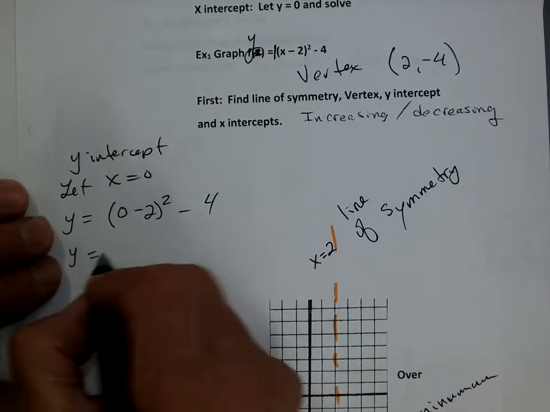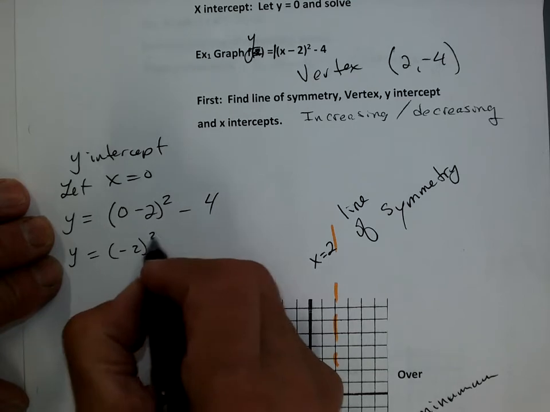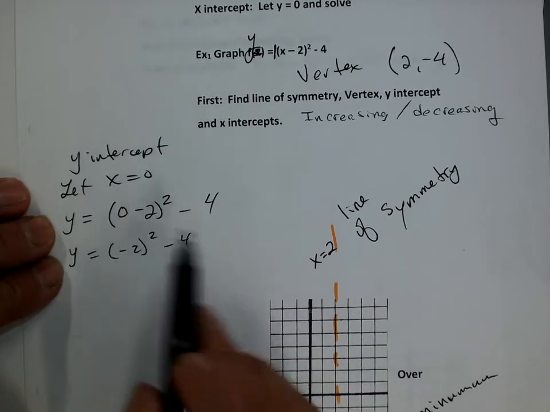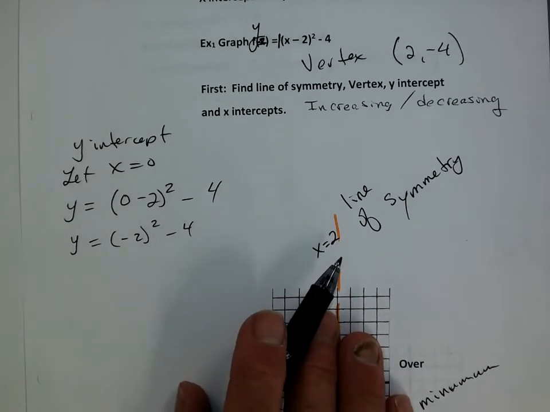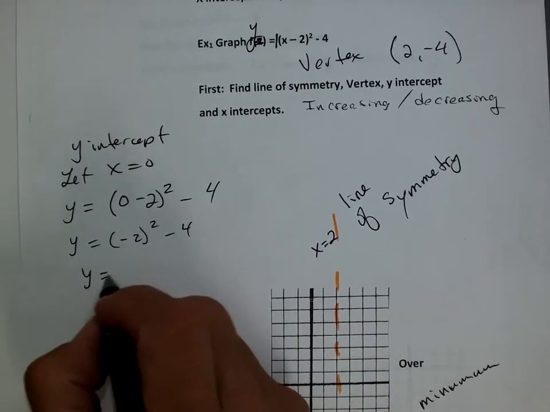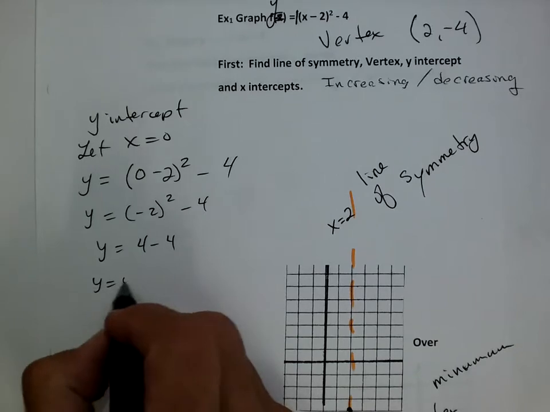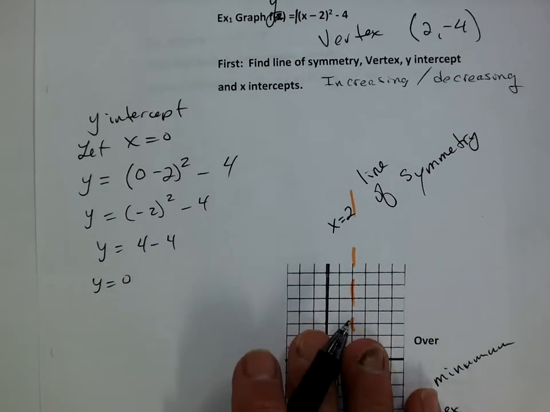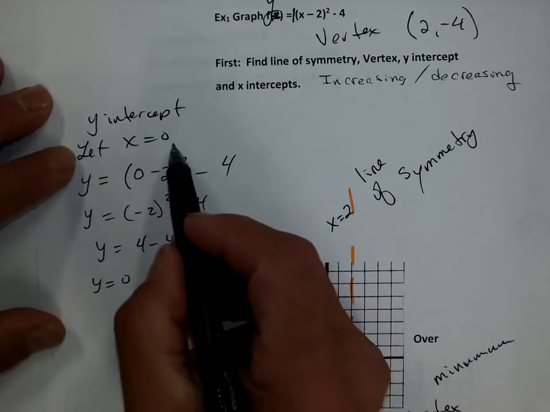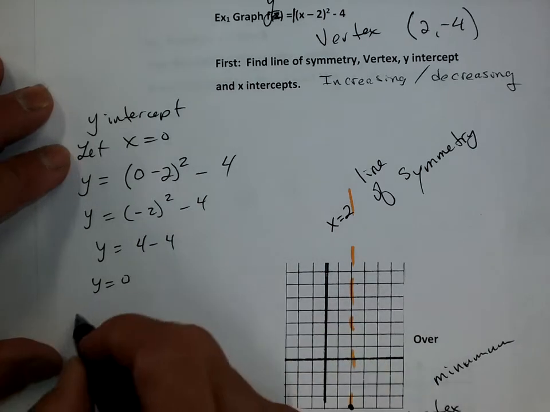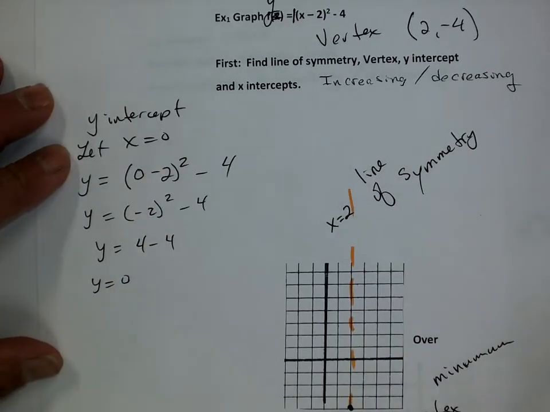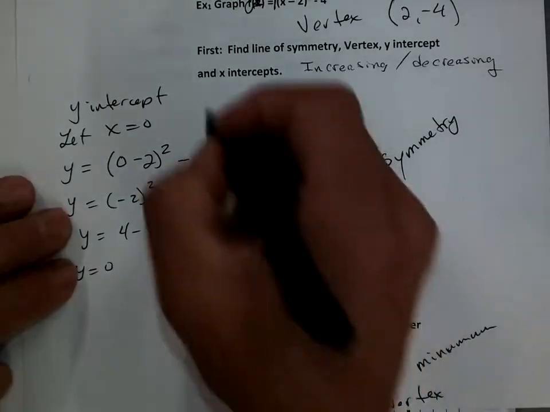I'll have y equals negative 2 squared minus 4. Negative 2 times negative 2 is positive 4, so I get y equals 4 minus 4, so y equals 0. Alright, so then what I know is my y-intercept is at the point (0, 0).